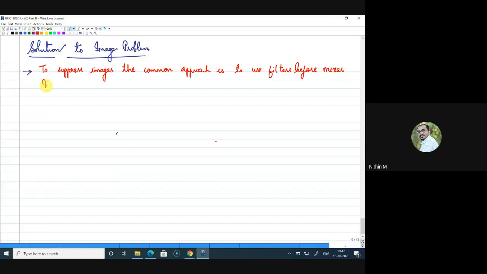Those filters we call image reject filters, since the intention of introducing that filter is to reject images.